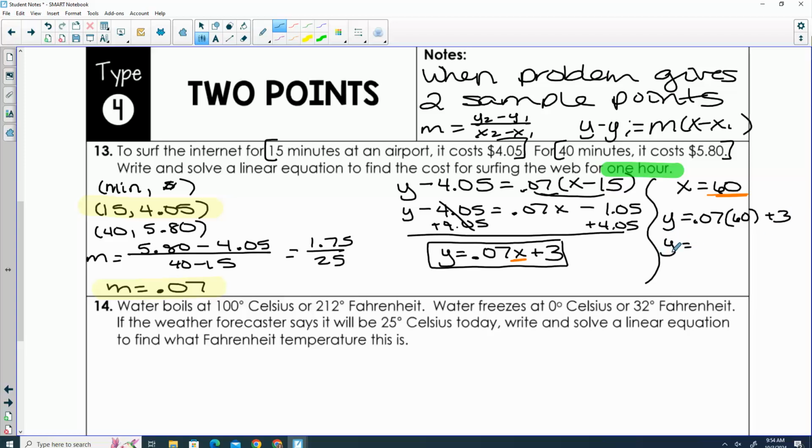So we have 0.07 times 60, 4.2 plus 3, so we get 7.2. Or if we're talking money, we usually have 2 decimal places, so you can throw a 0 in it. So it would cost $7.20 for 1 hour.